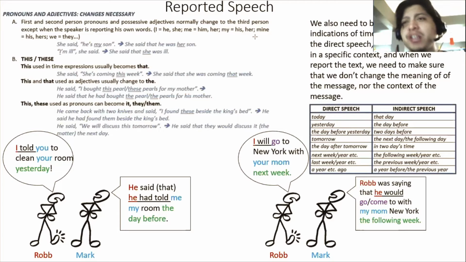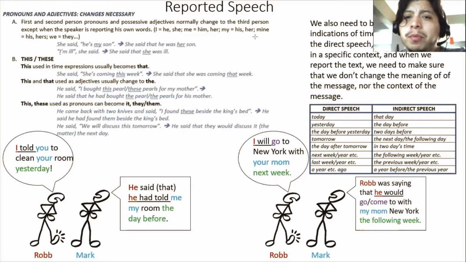So you need to change that part. You need to be careful to maintain the meaning of the sentence. If you don't change the words, you're going to change the meaning of the sentence. And the important part is not the words. The important part is the meaning of the sentence. So we need to change as many words as we need in order to make sure that the message continues to be the same.